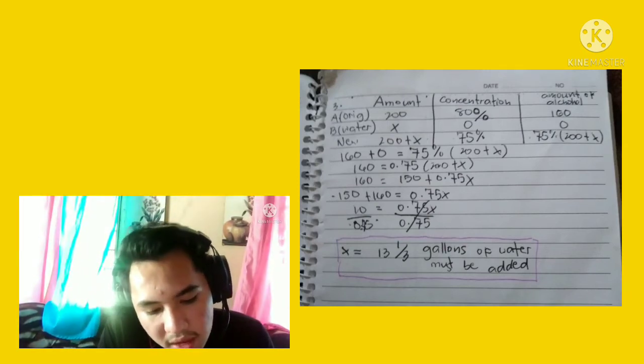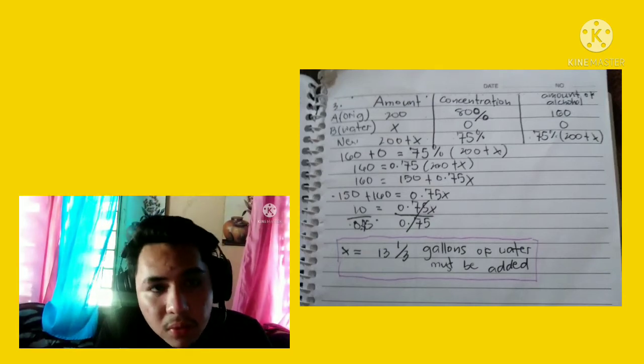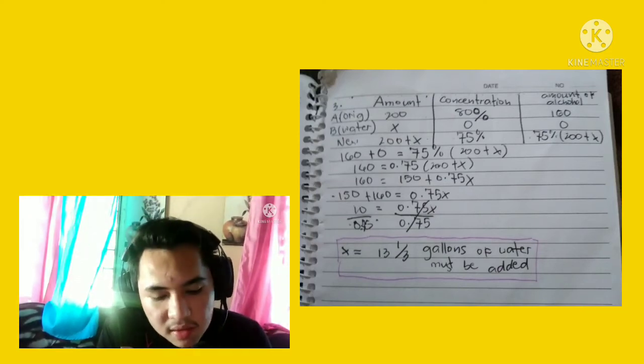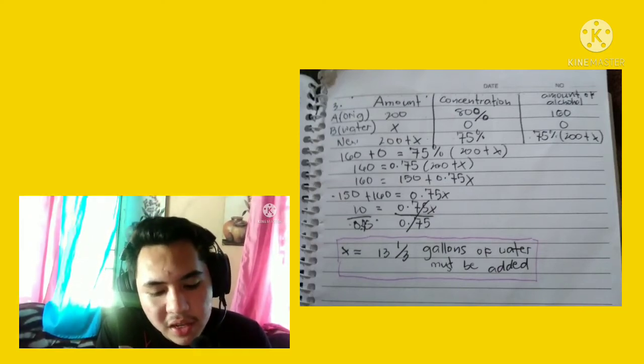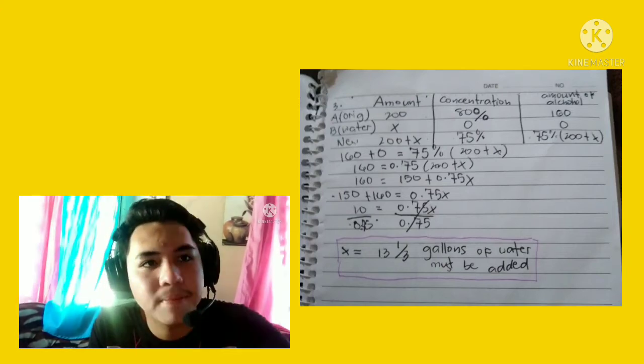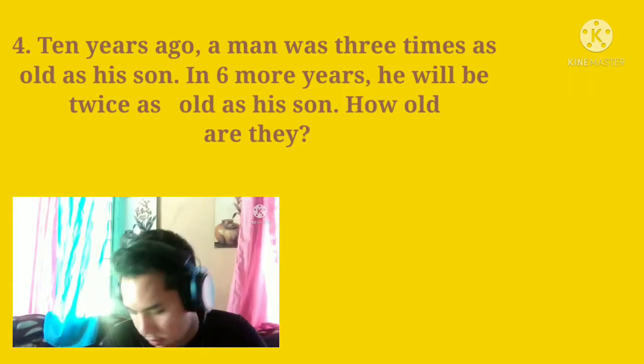So divide both sides by 0.75. And now we can get our final answer, which is x equals 13 and 1/3 gallons of water must be added.